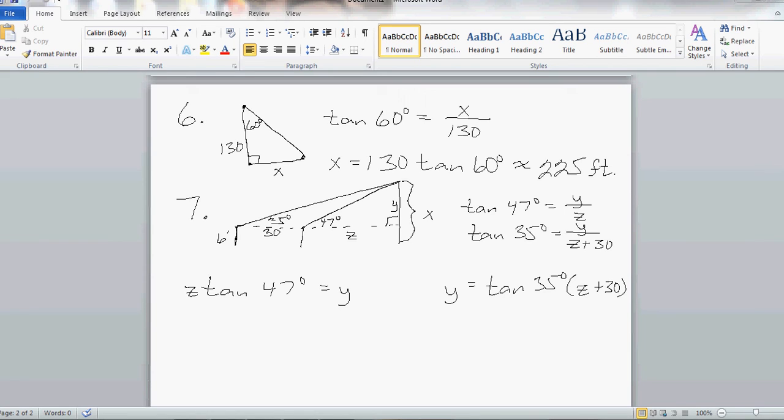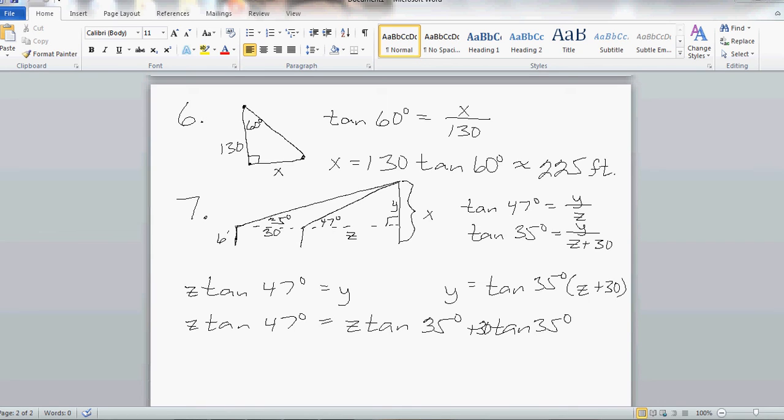And what we can do is distribute this over here, and since they're both equal to y, set them equal to each other. So z tangent of 47 degrees must equal z tangent of 35 degrees plus the tangent of 35 degrees times 30. So just put the 30 out there in front.